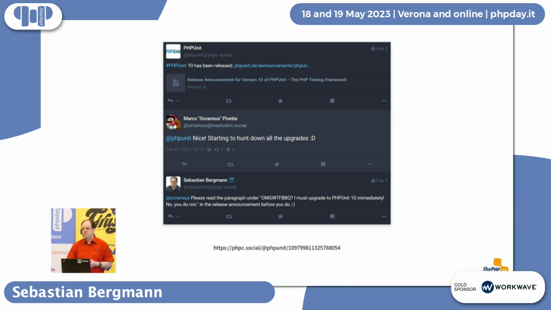So take your time to at least read the release announcement and see what the potential backwards compatibility issues are that you might run into when you upgrade to the new major version. Make it a conscious decision to upgrade a major thing like a tool or a dependency in your software project before you actually do that.